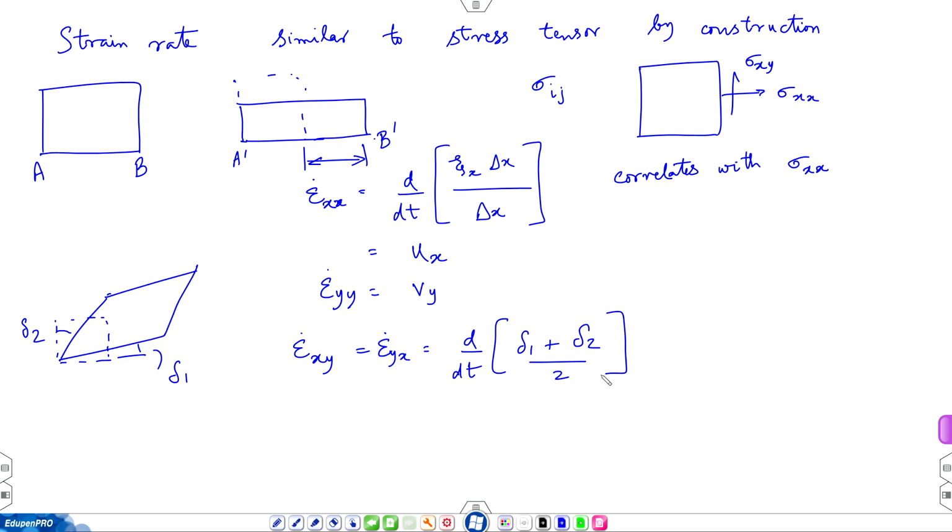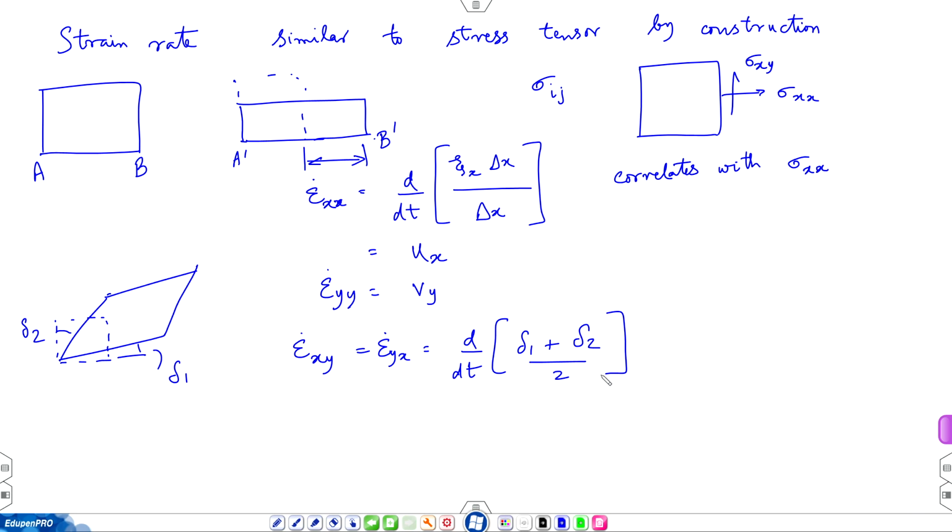It shows the strain rate tensor to be symmetric. By construction, delta 1 plus delta 2 is also equal to delta 2 plus delta 1, which makes it a symmetric tensor, and epsilon dot xy has to have correlation with sigma.